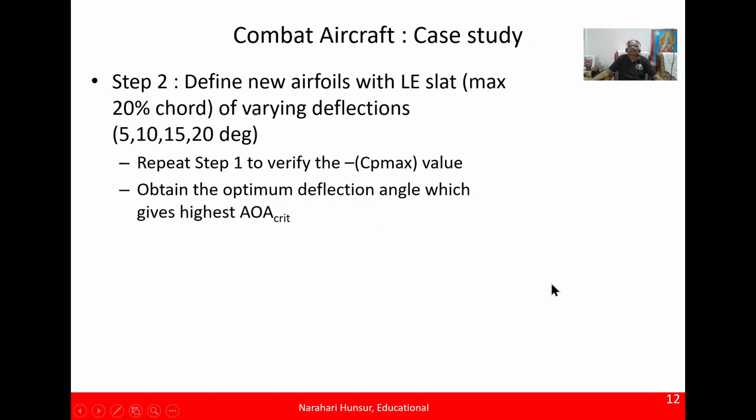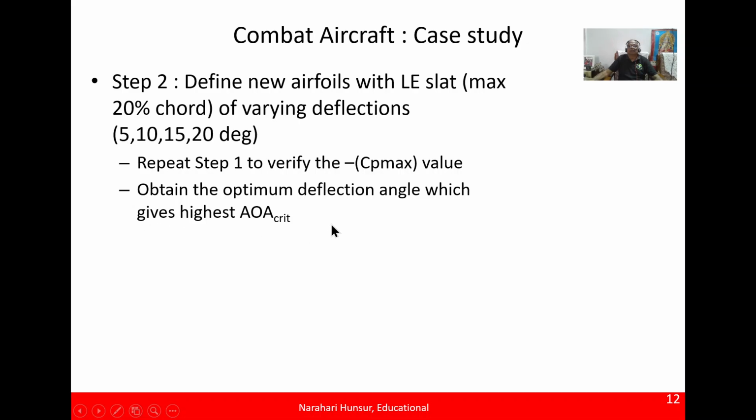Now, step two is to define new airfoils with leading edge slats. Again, maximum 20% chord, nobody goes beyond that, with varying deflections of 5, 10, 15, 20 degrees, for example, not more than that. Repeat the first step to verify what happens to the CP max for the same airfoil at different deflections of the slat.